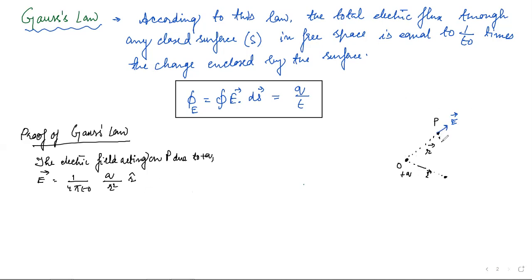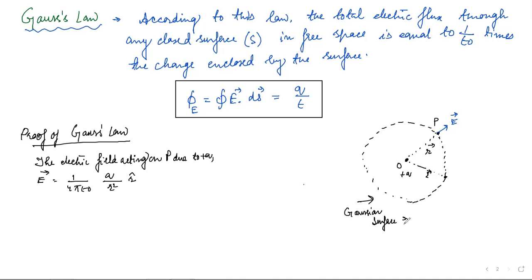So if we take a spherical surface, where at any point the electric field will be the same, that type of surface is called a Gaussian surface.